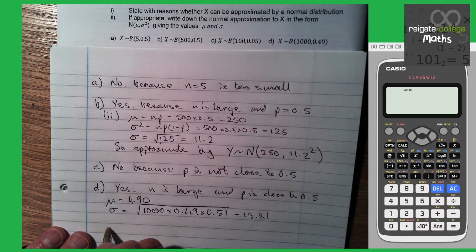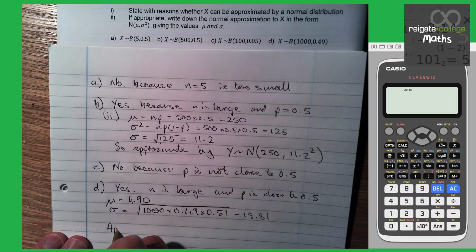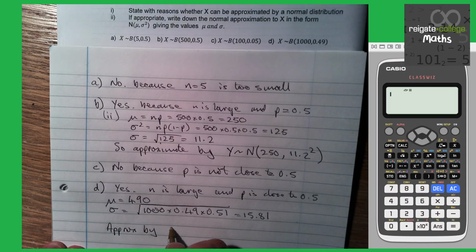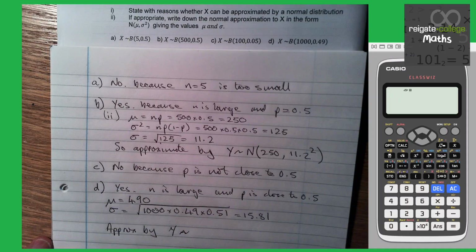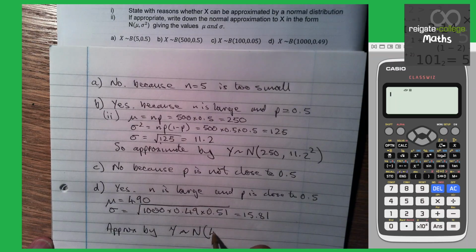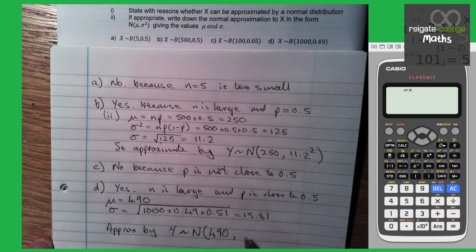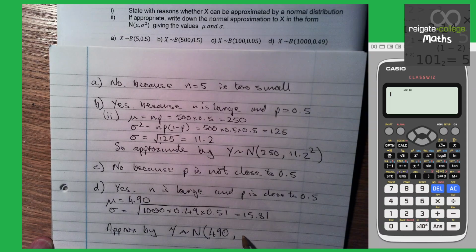So approximate by Y, this time normal with mean 490, and then we've got standard deviation 15.81, or we could write this as 249.5. That would be the variance.